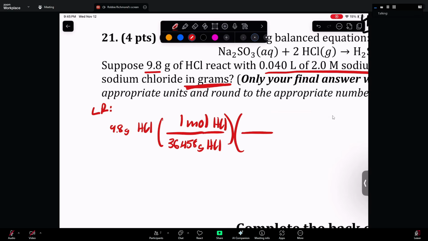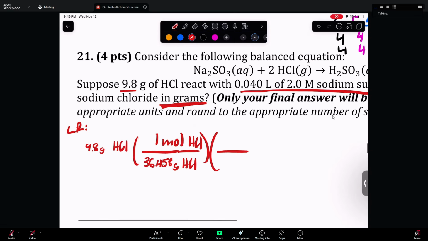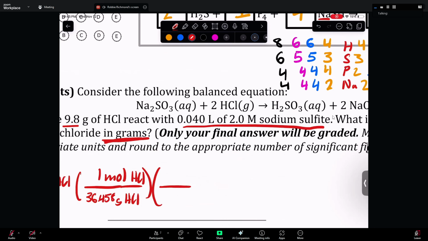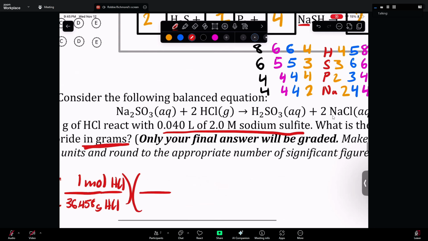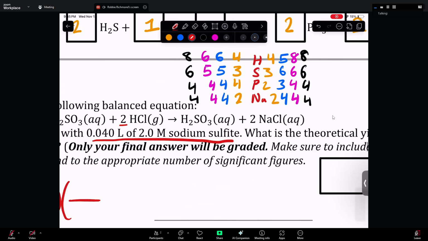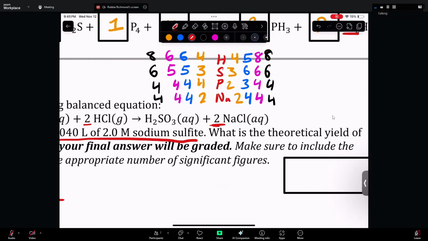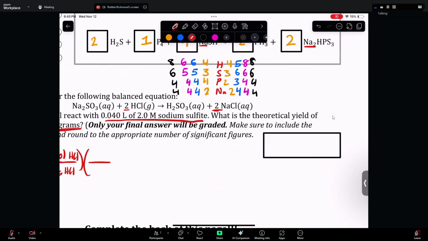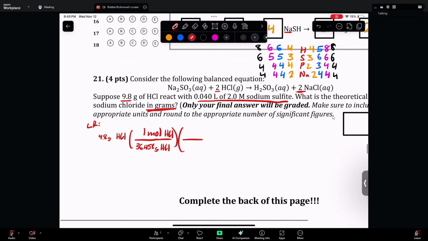Then, from there, we use our stoichiometric ratio of hydrochloric acid to what we're looking for, which is our salt, NaCl. So it's basically 2 for 2. If we have 2 HCl, or 2 moles of HCl, we get 2 moles of NaCl.